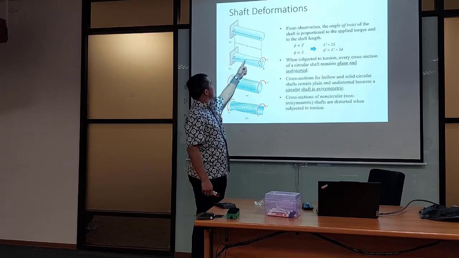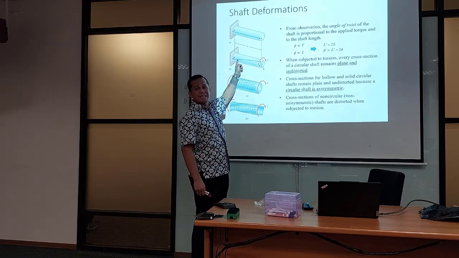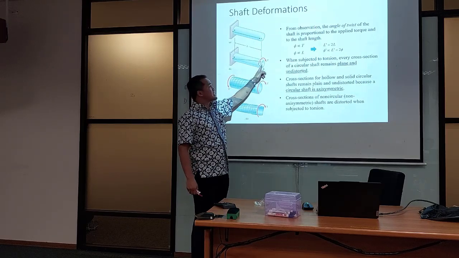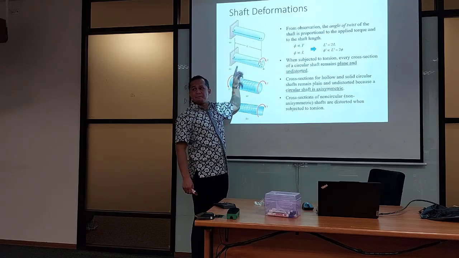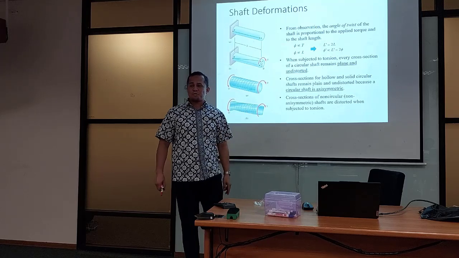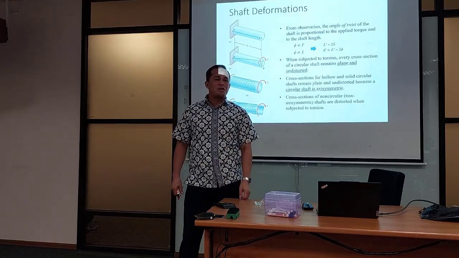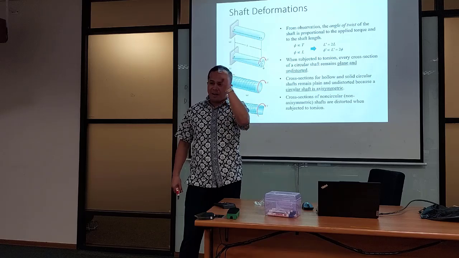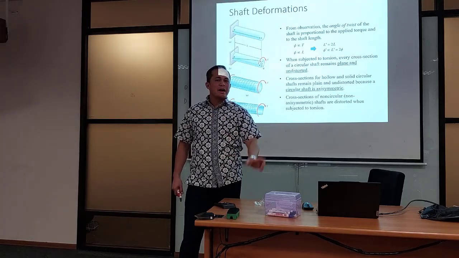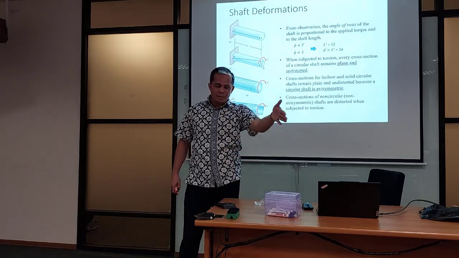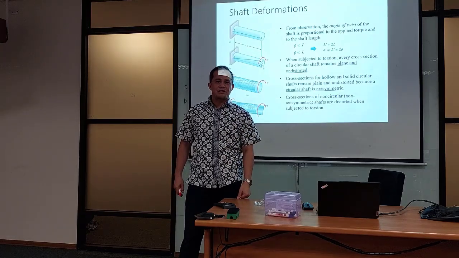If this A is located close enough to B, the travel distance is no longer this arc, but this arc. So there are two parameters that control phi. Not only torque, but also its position from the fixture.